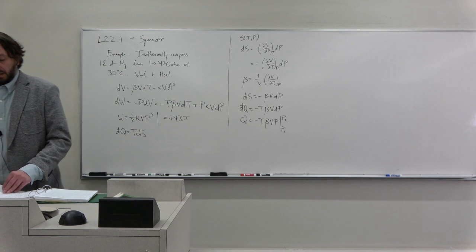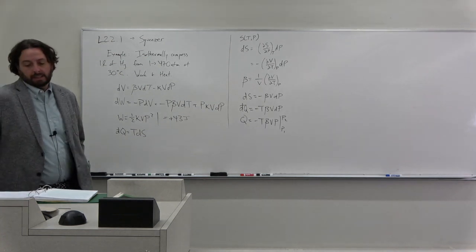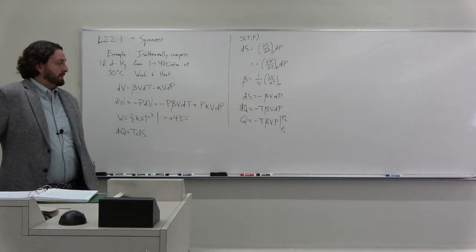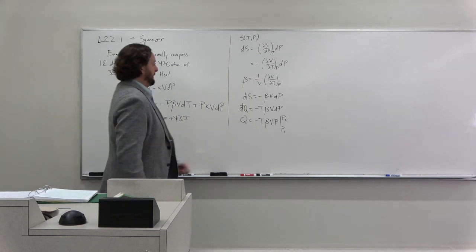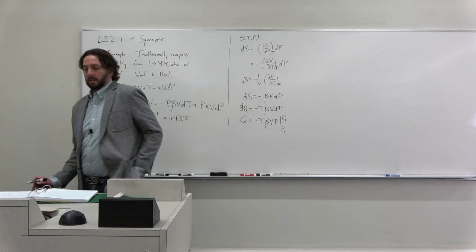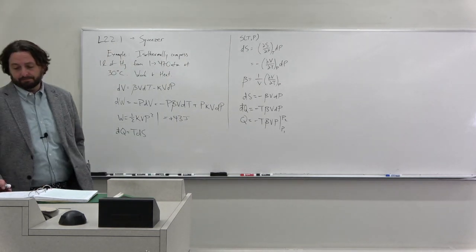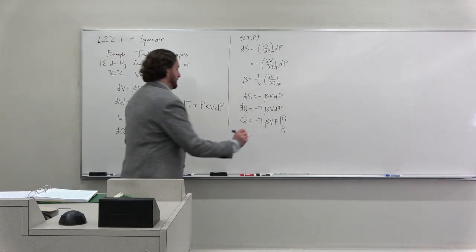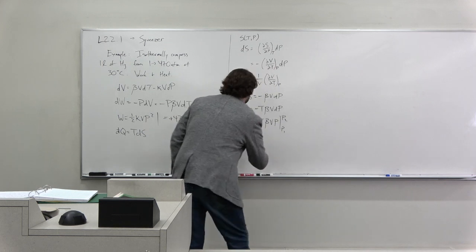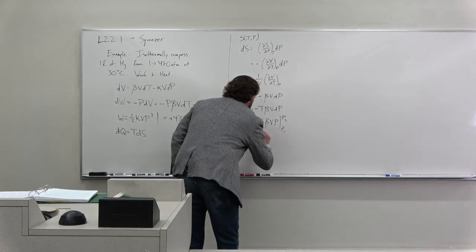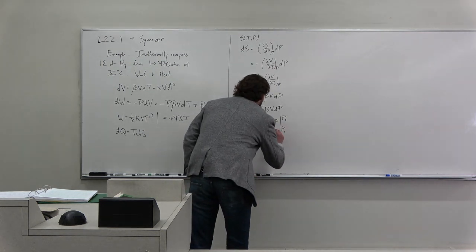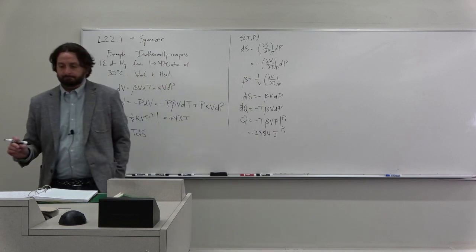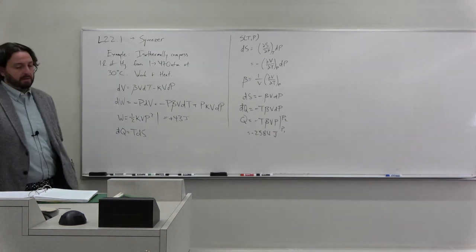Okay, so we put in our numbers for mercury. Beta was 1.8 times 10 to the minus 4 inverse Kelvin, and we got minus 2,584 joules. That's right.